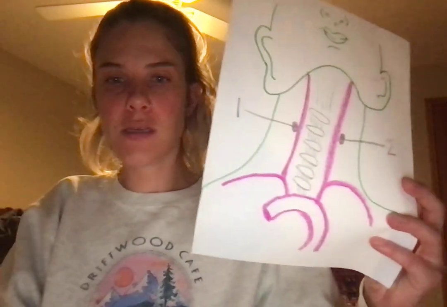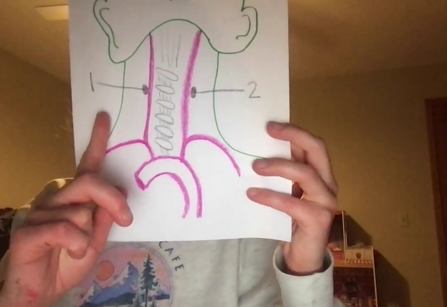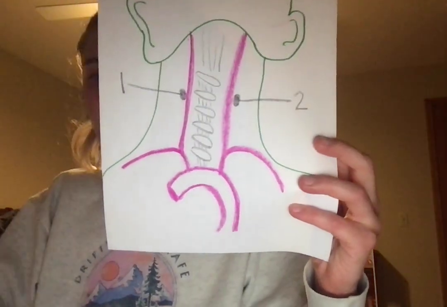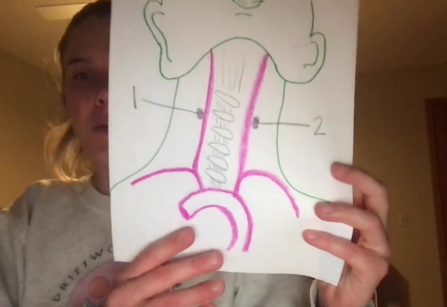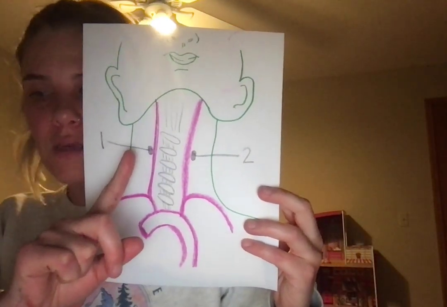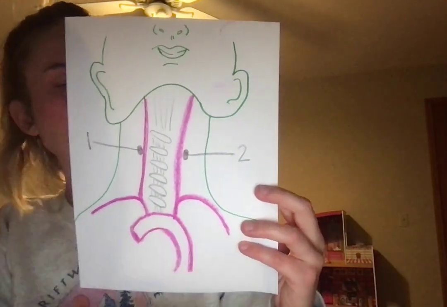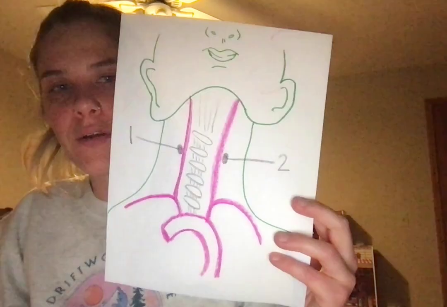I want to start with the carotid arteries. Number 1 here is the right common carotid artery, and number 2 is the left common carotid artery.